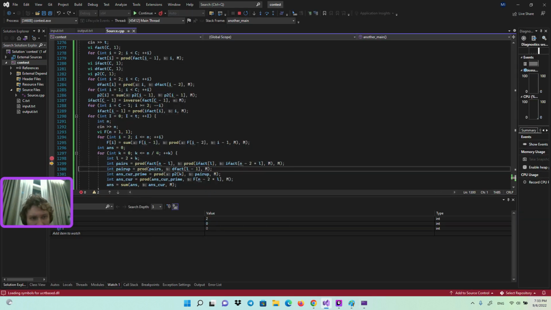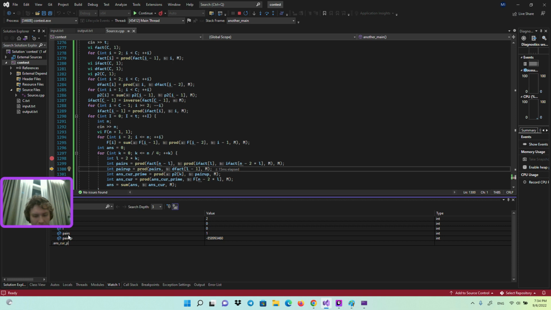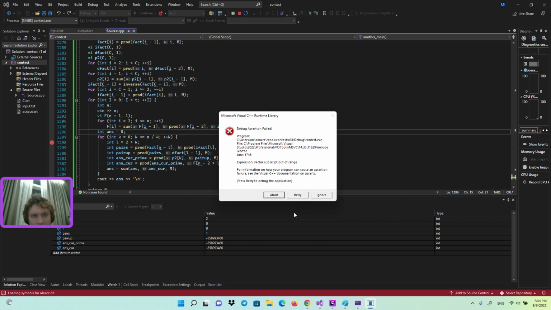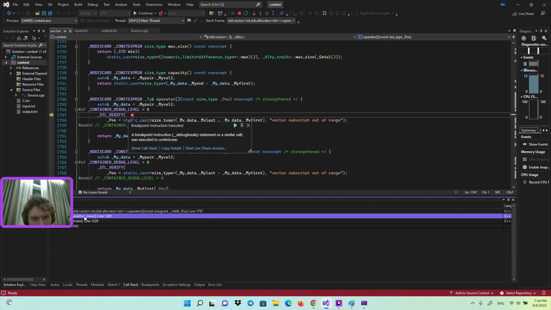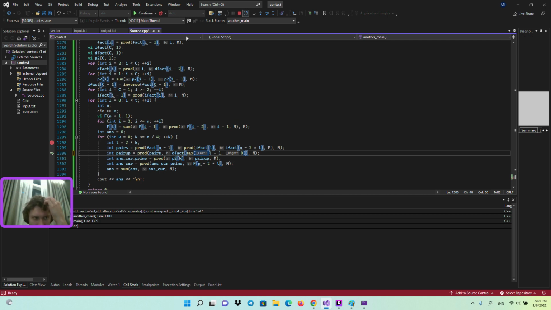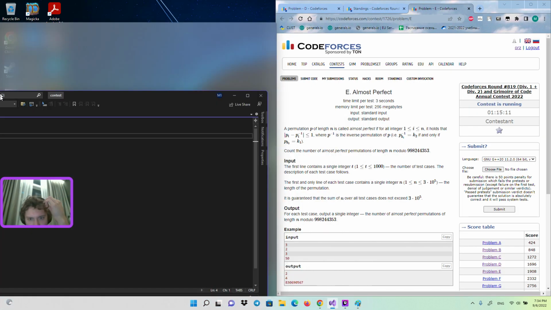So we know that L is 0, layers is... what's wrong? L is 0. L is 0. Two, 4, and correct answer.